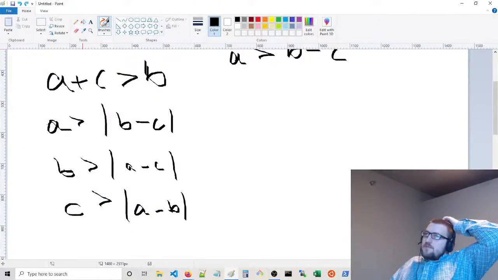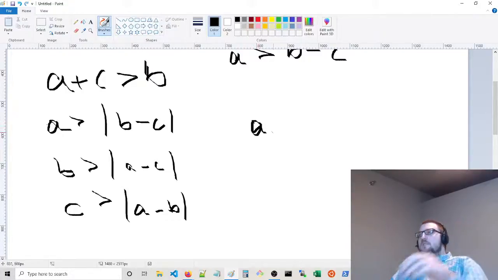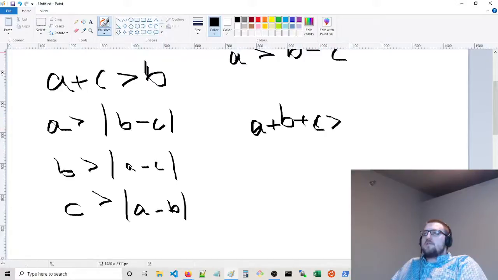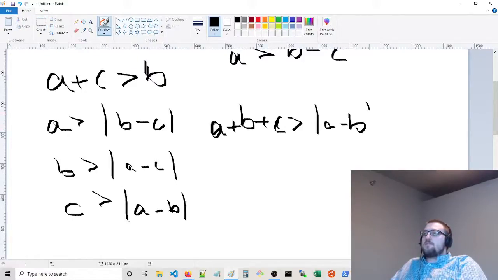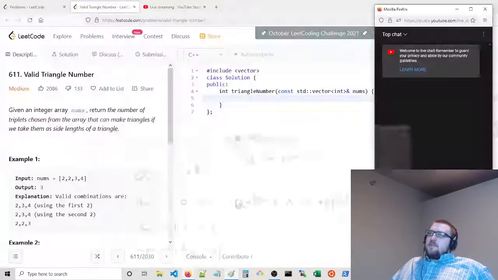Maybe you could take like average differences, something like that. A plus B plus C is greater than the sum of the differences, A minus B plus B minus C. Yeah, you can maybe think of it that way.